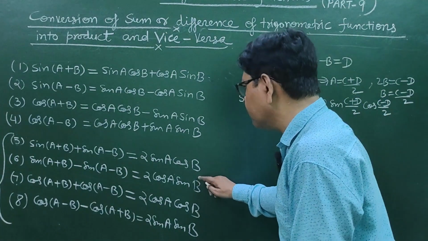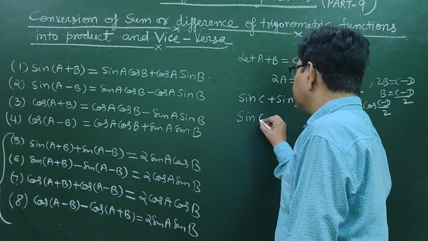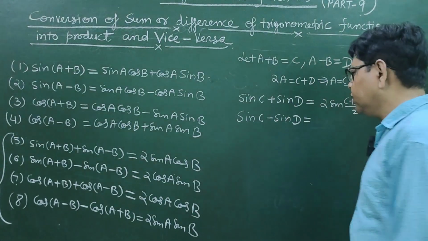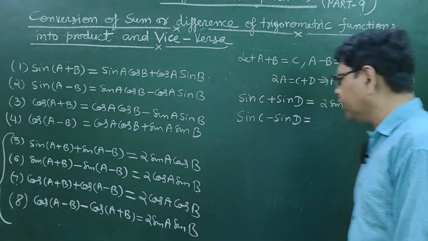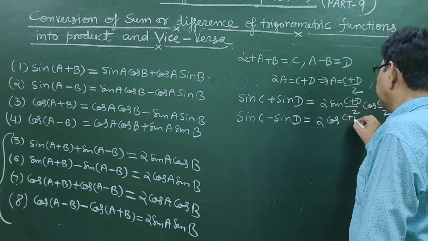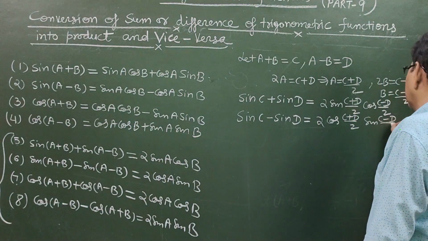Similarly, formula 6 is converted to sin c minus sin d is equal to, here the value of a is c plus d upon 2. So 2 cos c plus d upon 2 sin c minus d upon 2.